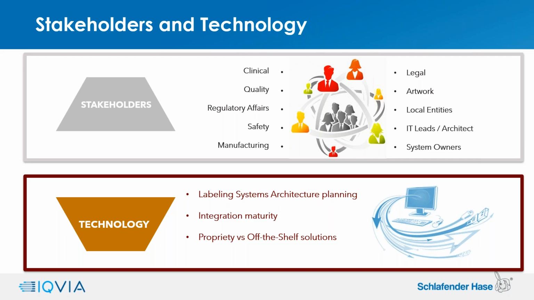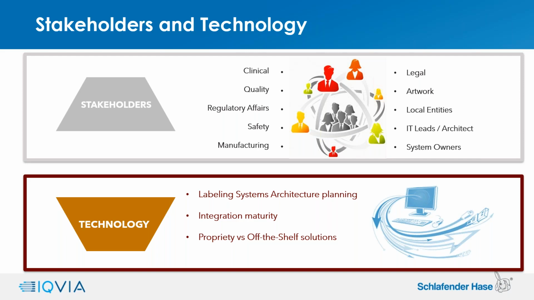And so this leads us to the actual technology itself, the systems architecture planning. And as you search for that appropriate solution, considerations have to be: are you looking for a single end-to-end solution that addresses all phases, but then probably requires a significant investment up front?